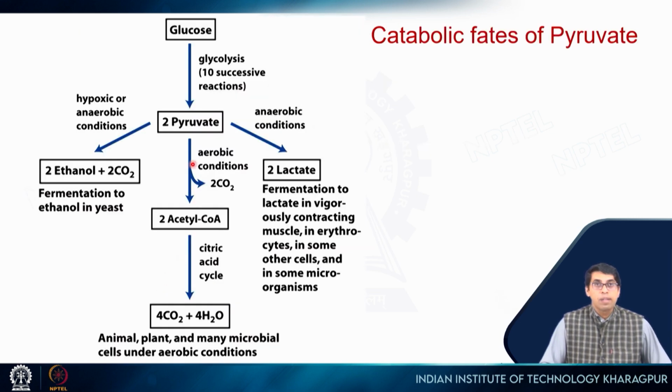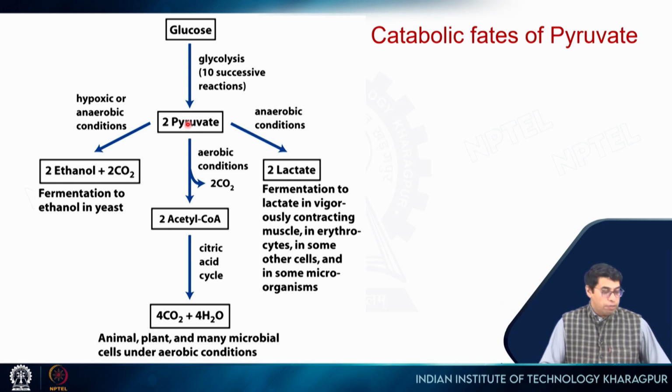Okay. So, from glucose we will see that 10 successive reactions result in the formation of 2 pyruvate molecules. So, glucose is a 6 carbon molecule, pyruvate is a 3 carbon molecule. So, there is no loss of carbon. From one molecule of glucose we will get 2 molecules of pyruvate.